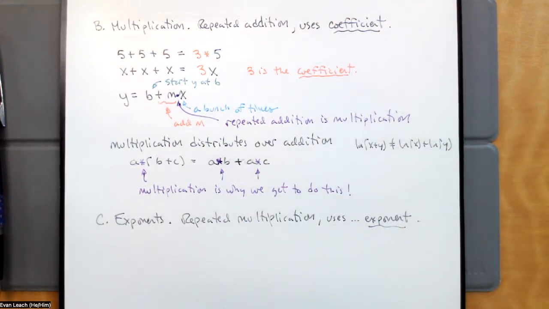So just thinking of distributive property leads to things like this. Natural log of the sum of x and y is not the sum of the natural log of x and the natural log of y, because it's not natural log times the sum. It's not a multiplication, so we don't get to distribute.